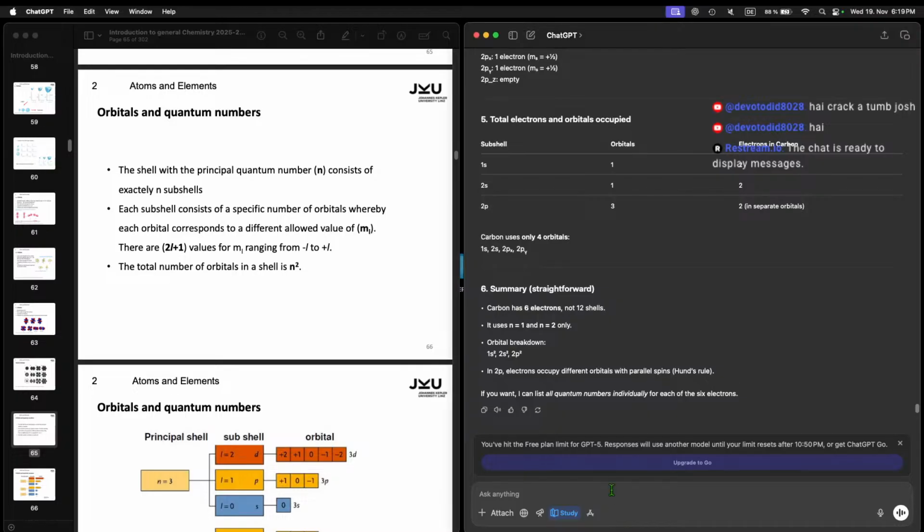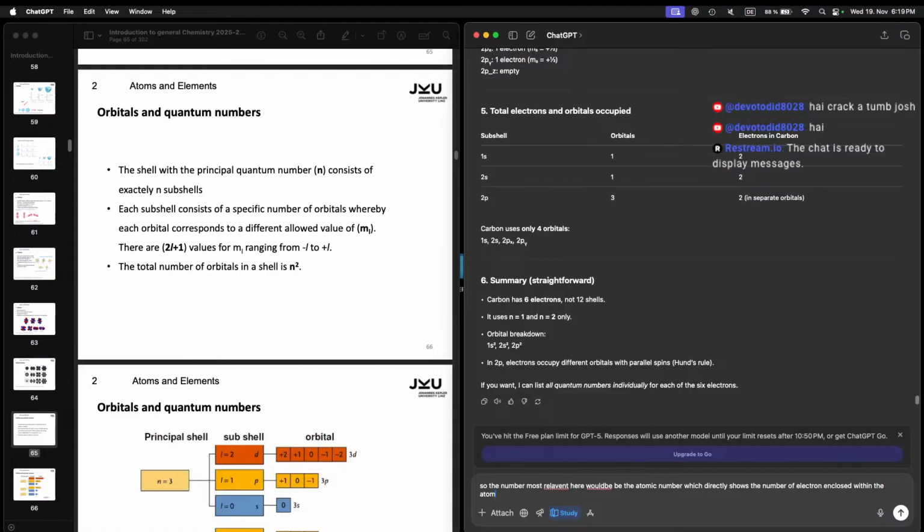So the most relevant here would be atomic number, which directly gives the number of electrons enclosed within the atom on their subshells.